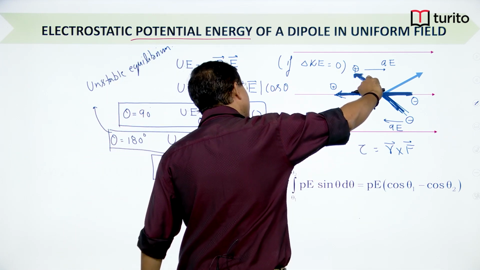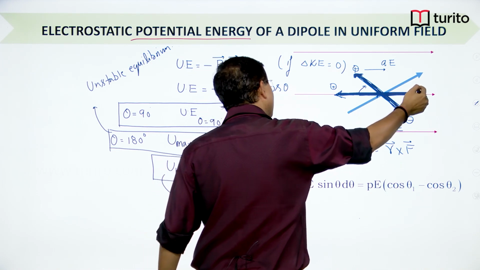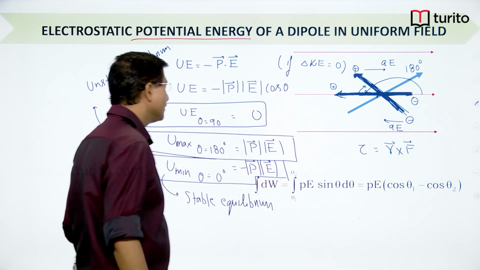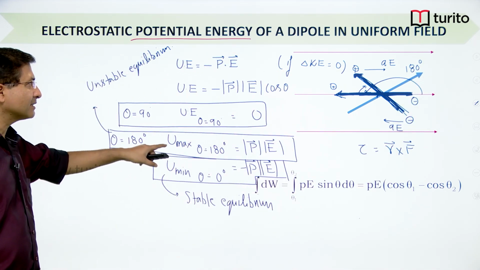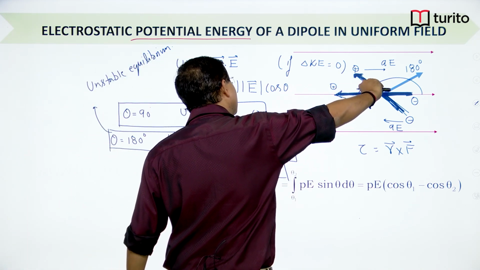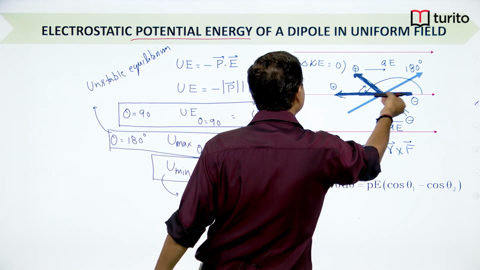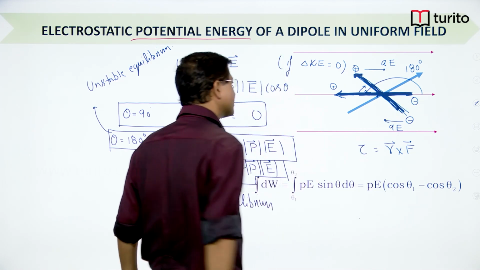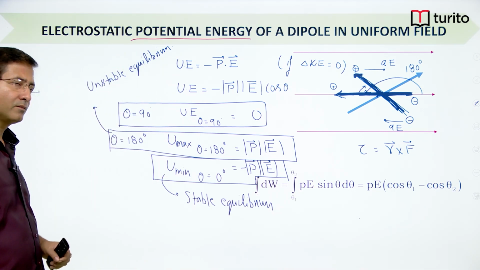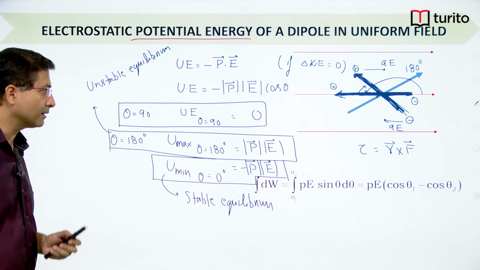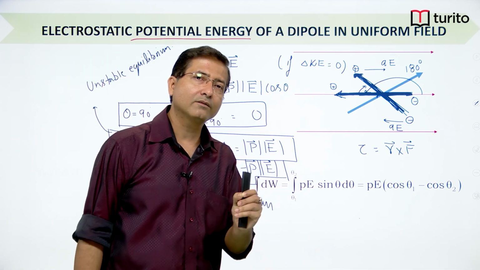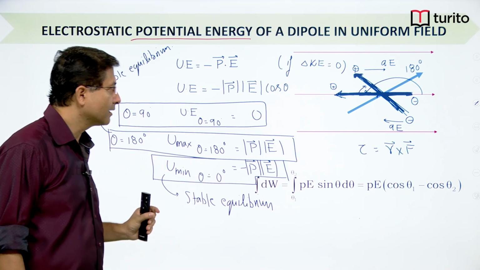But when it is placed this way, making 180 degree with the field, at this moment it has the maximum potential energy, and if you slightly disturb it, it will completely rotate and try to align itself along the direction of the field. That is why it is unstable equilibrium. So stable equilibrium, unstable equilibrium. So the expression of potential energy, the expression of torque, what is stable equilibrium, what is unstable equilibrium, all these points are clear.